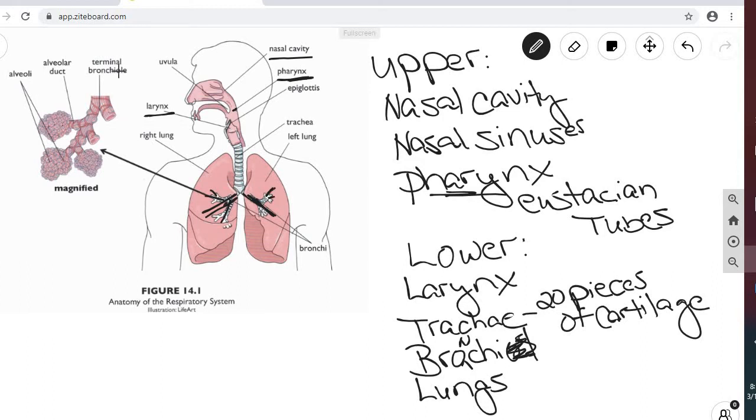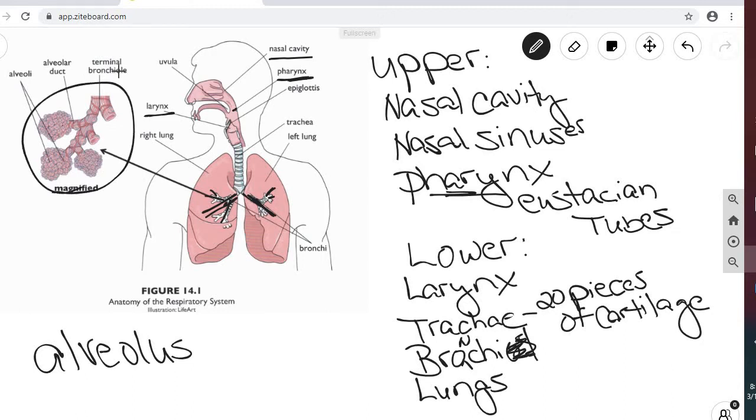Okay, so it divides into right and left bronchi, and then those further divide into more branches, and each of those branches terminates in a structure that is called an alveolus, and that's shown in this insert up here. So the plural is alveoli, singular is an alveolus.